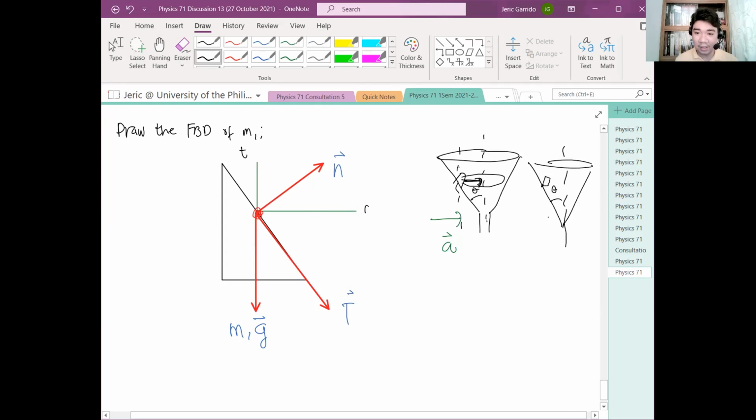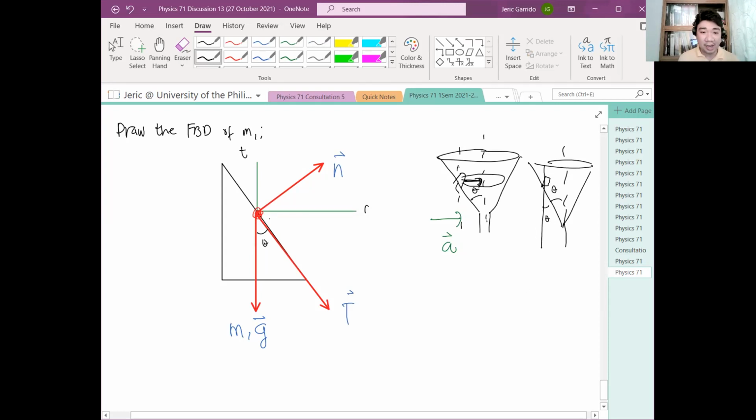It means that if this is the particle, I can construct an angle here, theta, which is the same as the cone angle, and that angle is with respect to the vertical of the cone. In that case, I can say that this angle here is also theta.